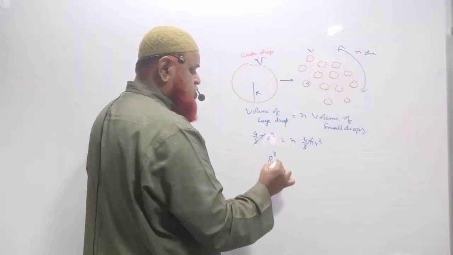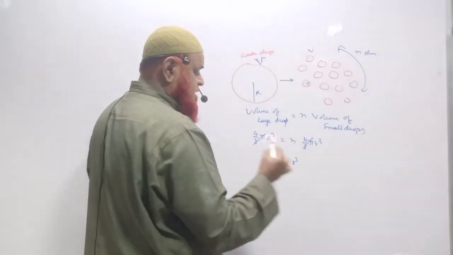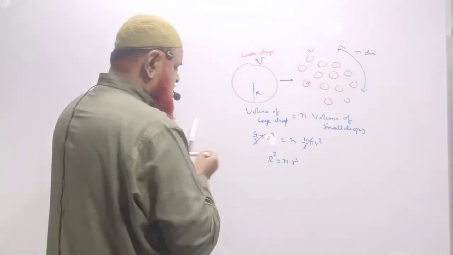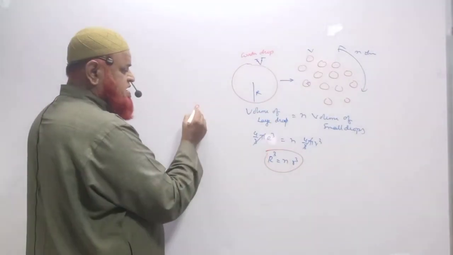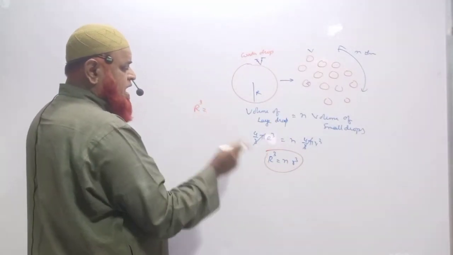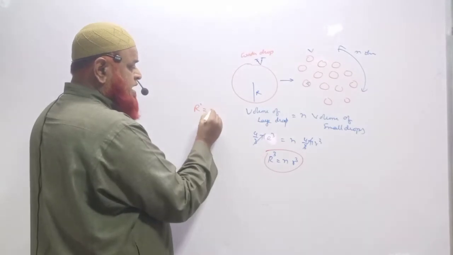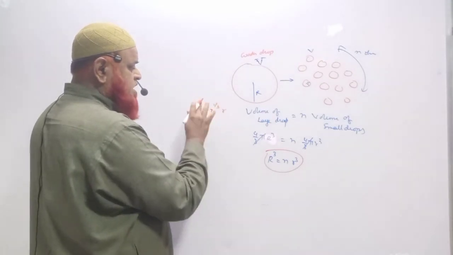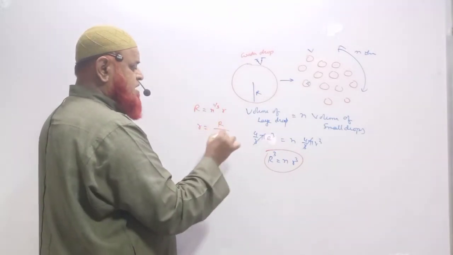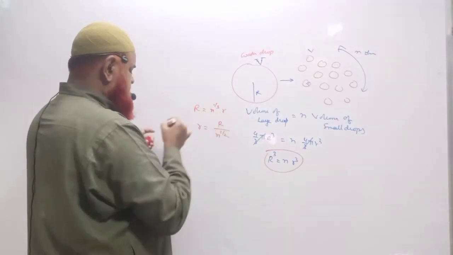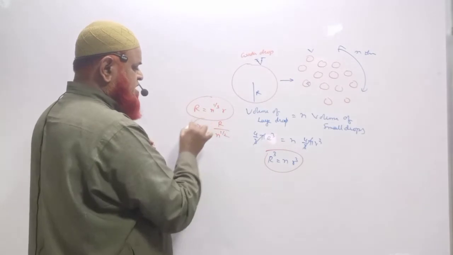Therefore capital R cube is equal to n times small r cube. This point you have to remember. It is also necessary that you remember capital R is equal to n power 1 by 3 times small r. Can you write like this? And small r is equal to capital R by n power 1 by 3. So these are certain points which you have to remember here.